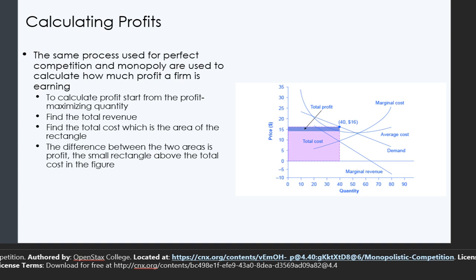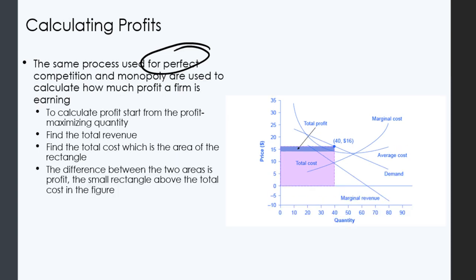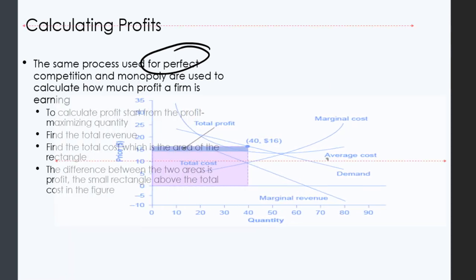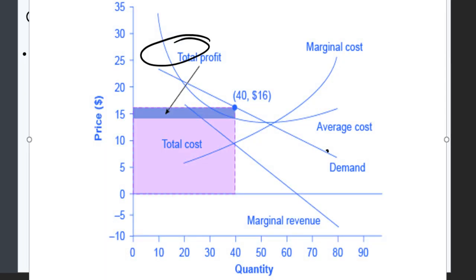Next part. Now if we have to calculate the different profits, profit calculation plays a very crucial role. So here the same process as perfect competition, here we will be calculating, and remember that. Let me make it a little bit bigger. Here, as you can see, the total profit is this part, total cost is this.